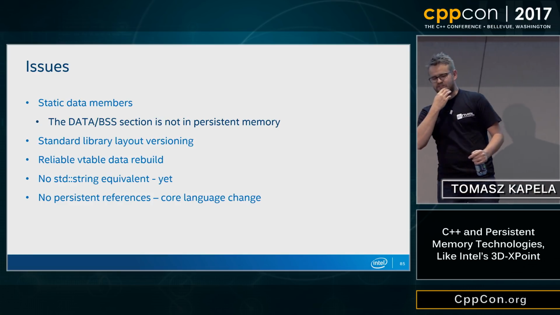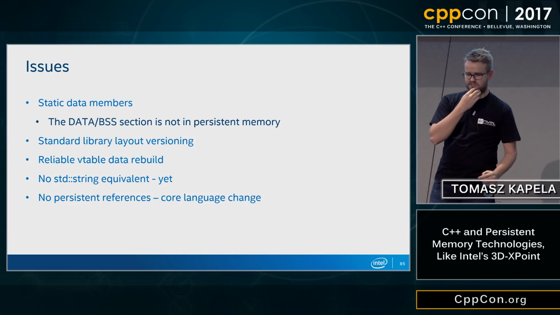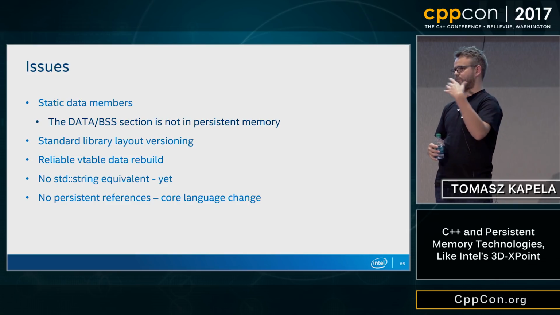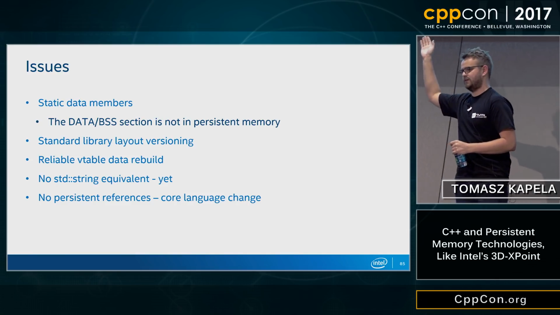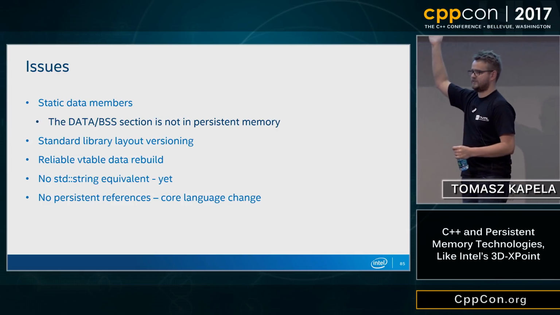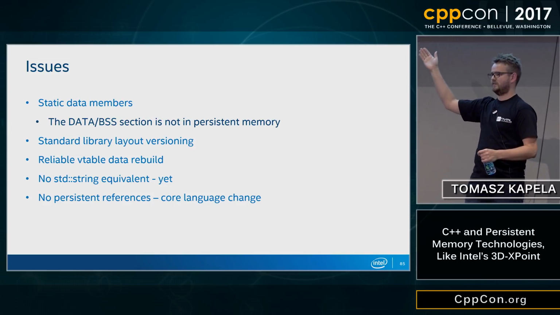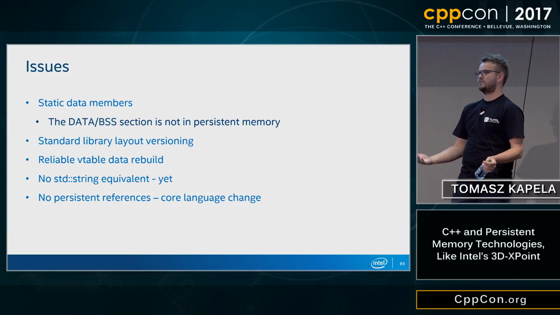I think the biggest one is, maybe it's not the biggest one, it's just a consideration you have to take into account while designing your application, because the data section, or the BSS, the data and BSS sections, they're not persistent memory resident. It would have to be a loader change and an ELF standard change.